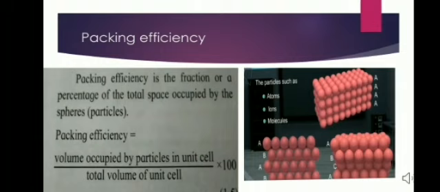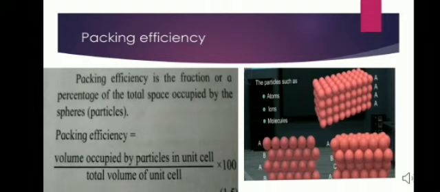We have also learnt that there may be two types of voids, tetrahedral voids or octahedral voids. The percentage of total space filled by the particles is called packing efficiency. Different packing arrangements will have different packing efficiency.